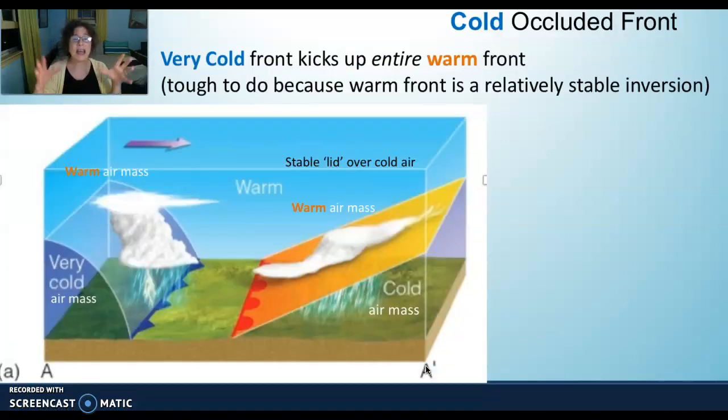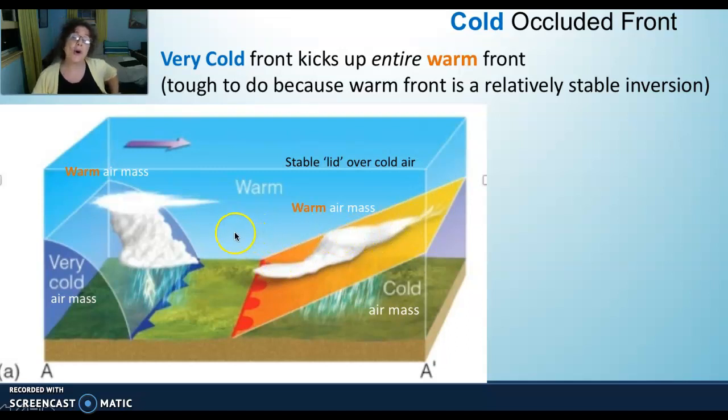So let's look at it this way. Here's your warm front and your stable atmosphere, because you have a warm lid that is preventing any mass from moving above it and being buoyant. Okay, so you have a stable atmosphere here with this warm front.